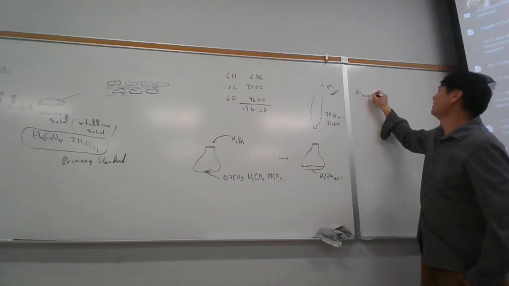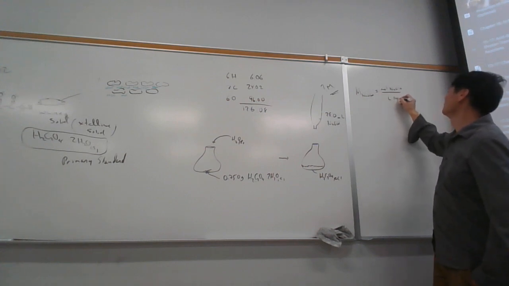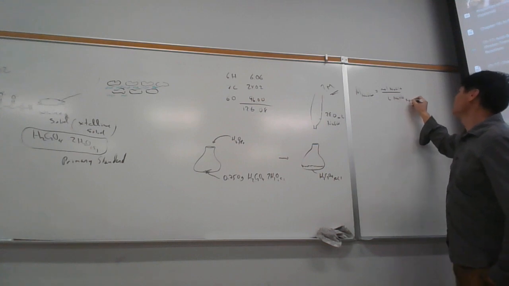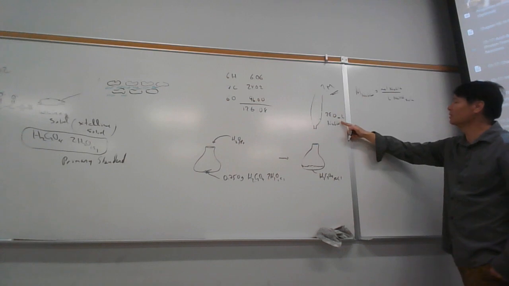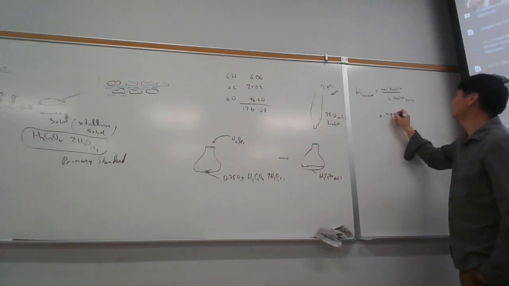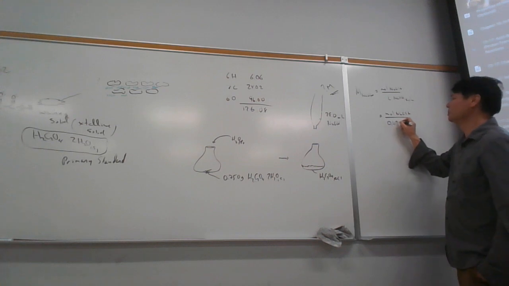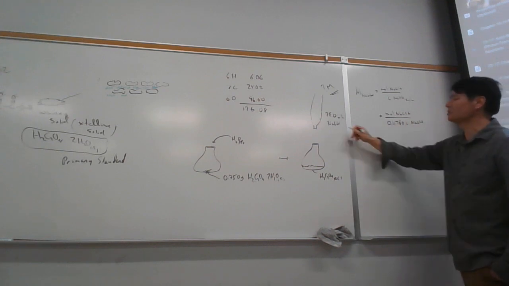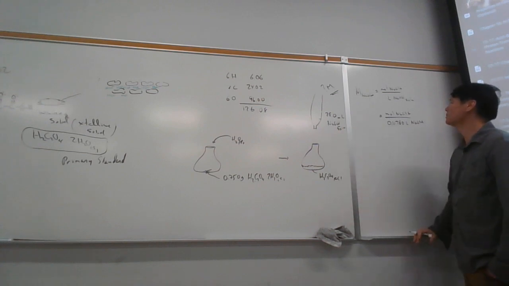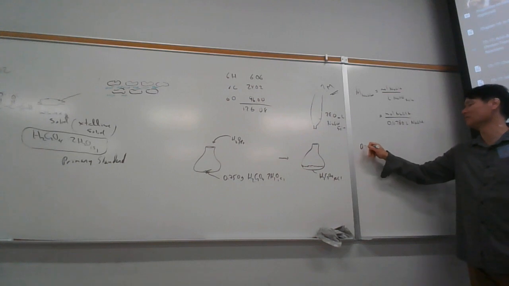Well, anyway, we want the molarity of the sodium hydroxide. So in order to get the molarity of the sodium hydroxide, we need the moles of sodium hydroxide, and then we need the liters of sodium hydroxide solution. The liters of sodium hydroxide solution is easy, because we just convert 28 milliliters into liters. And so this is the moles of sodium hydroxide divided by 0.0280 liters of sodium hydroxide solution. That's how much solution we use for this. Now, how do we get the moles of sodium hydroxide? The moles of sodium hydroxide is just going to come from stoichiometry.